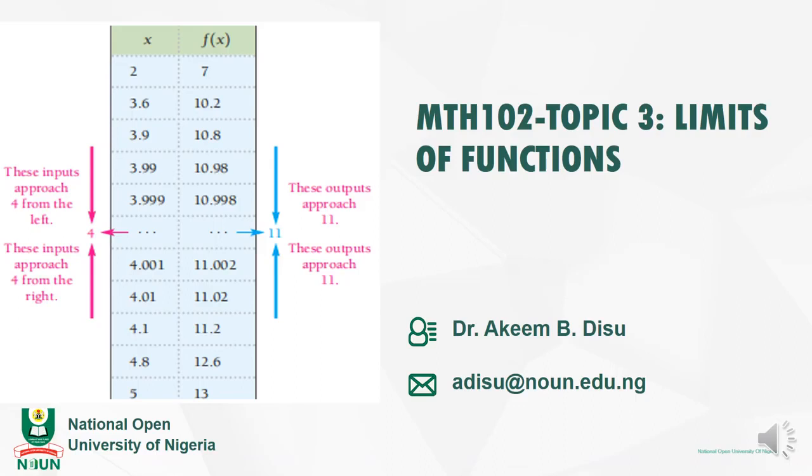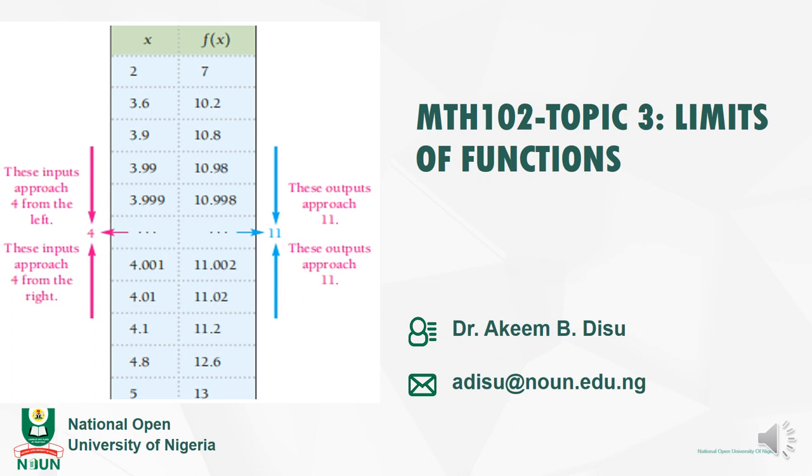Hello. We are considering limit of function here. If you look at my left hand side, you see that we have a table, and in this table we have x and we have f of x. x has its value, f of x has its value. In this table, the x value is called the input, while the f of x value is called the output.